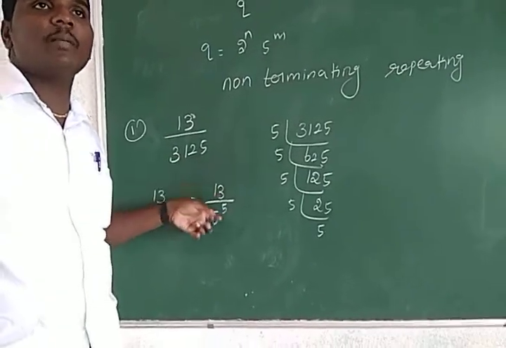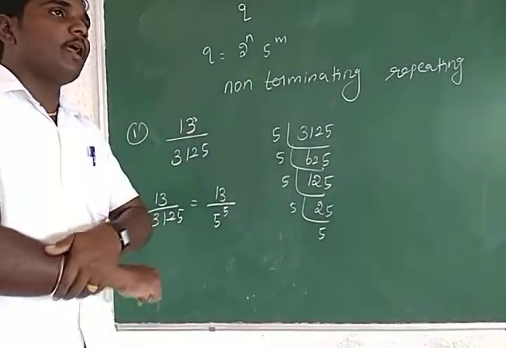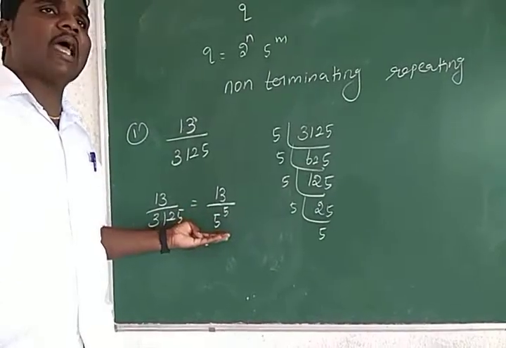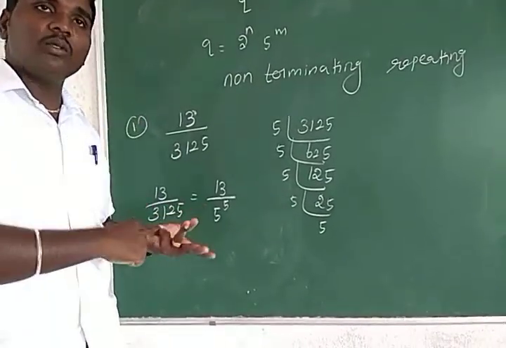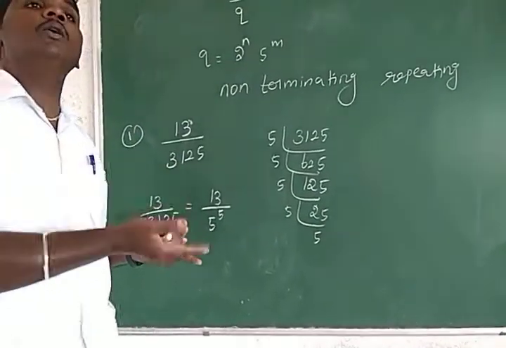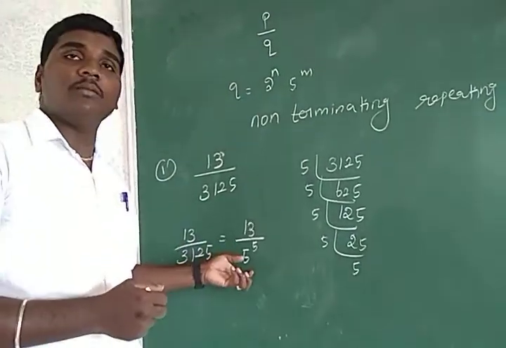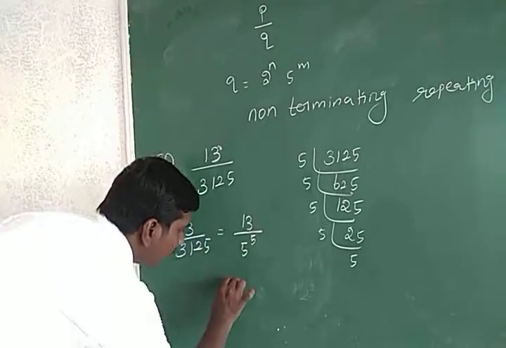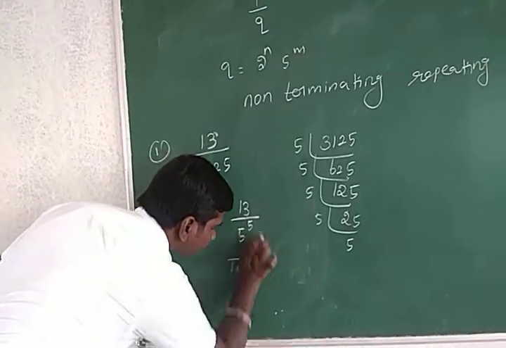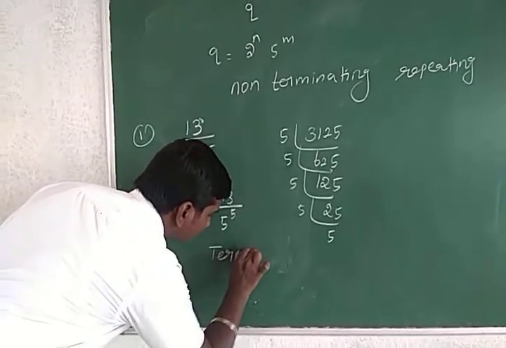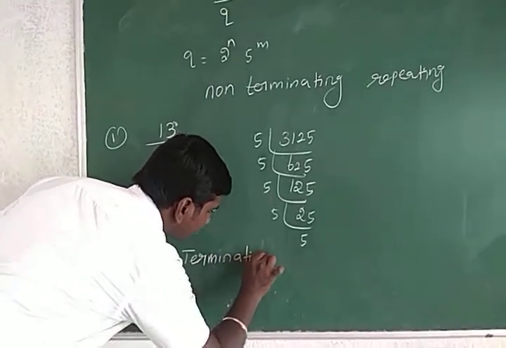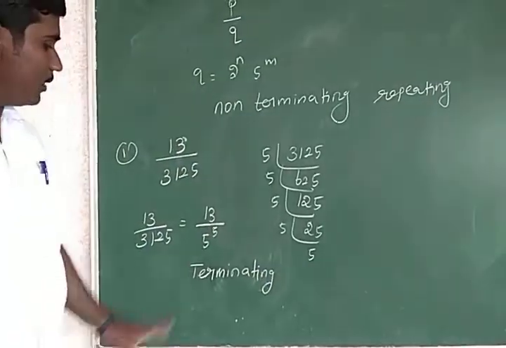If the denominator has prime factors of 2, or 5, or both 2 and 5, then it is terminating. Here it is 5, so this number is terminating. Okay, that's all.